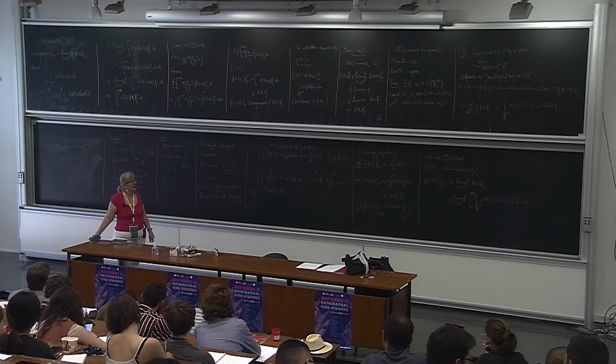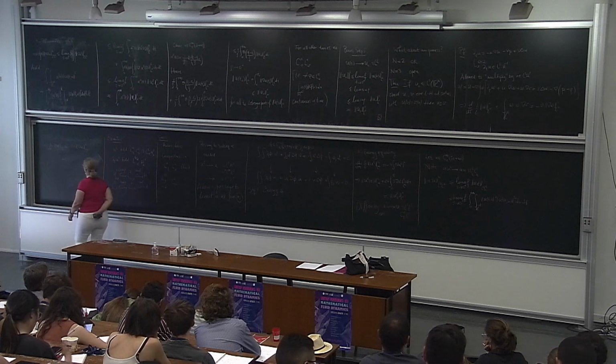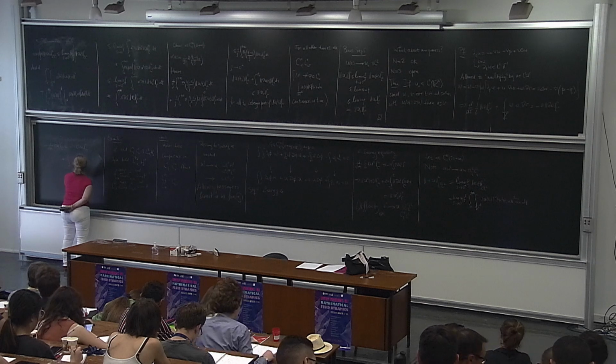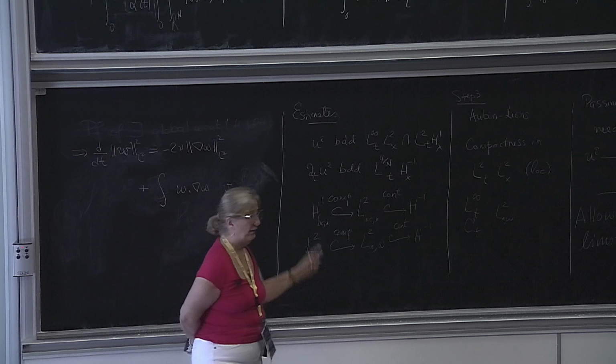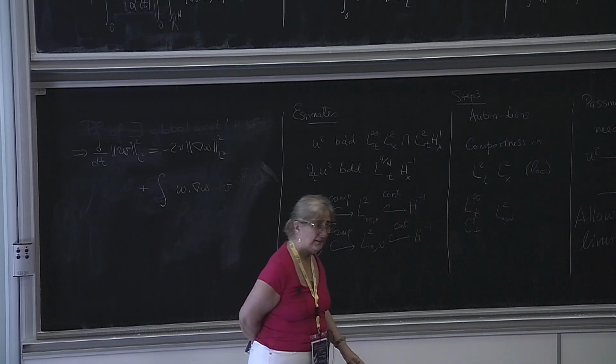I need something to kill off the gradient of W, okay, and kill off the gradient of V. So what I'm going to do is write this as plus W dot grad W times V. I already put it on the right-hand side with a minus sign and integrated by parts.